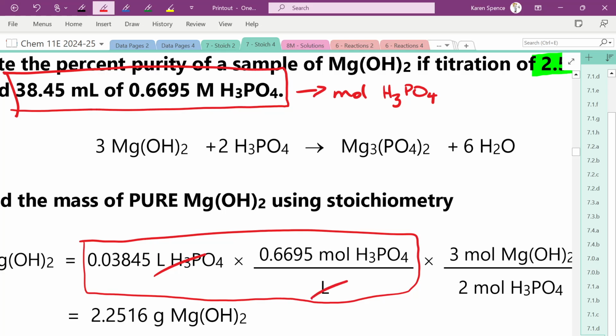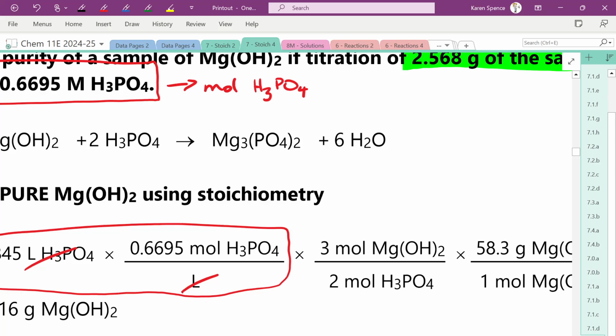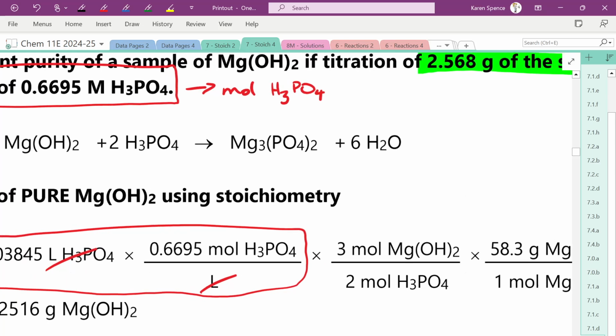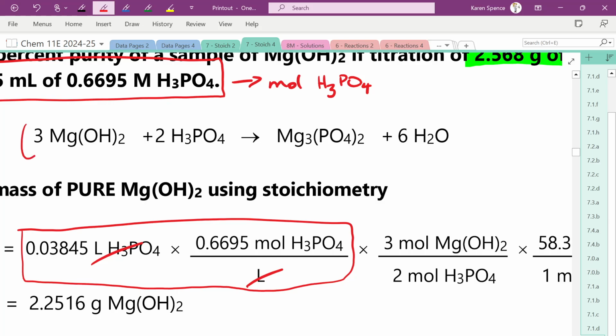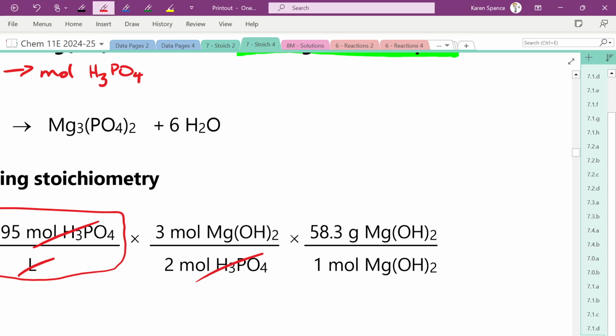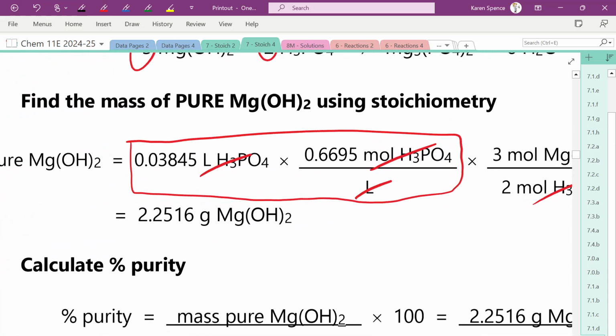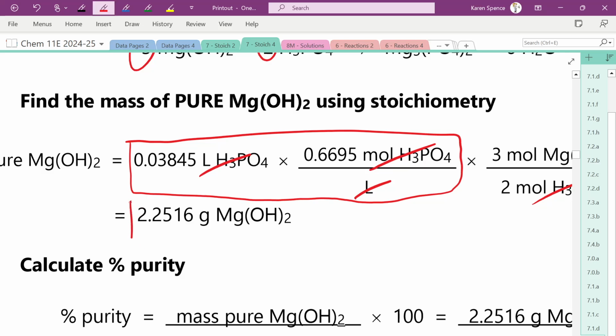Now I want to know how much MgOH2 is needed to react with that. Well, I have a 3-to-2 ratio, so that cancels out that. Now we have moles of MgOH2. And we have 58.3 grams of MgOH2 per mole. And we get 2.2516 grams of MgOH2.